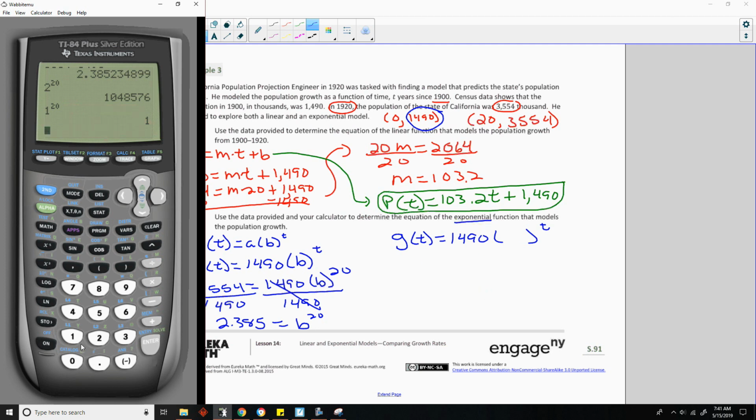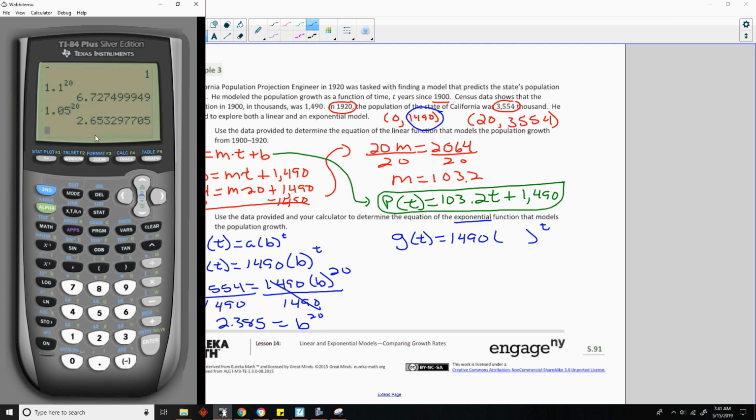Well, is it 1.1 to the power of 20? We're getting closer. See how I have 2.385? Now I'm down to 6.72. So 1.1 was too big. How about 1.05 to the 20th?